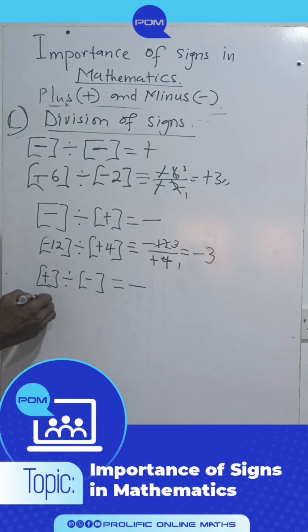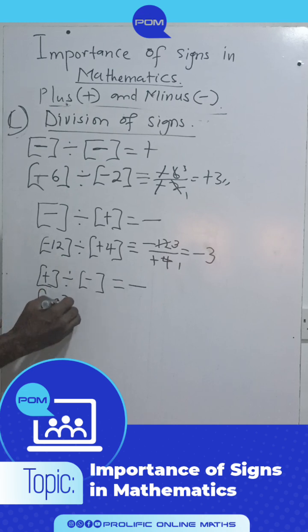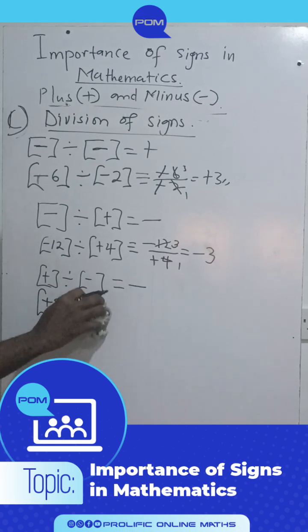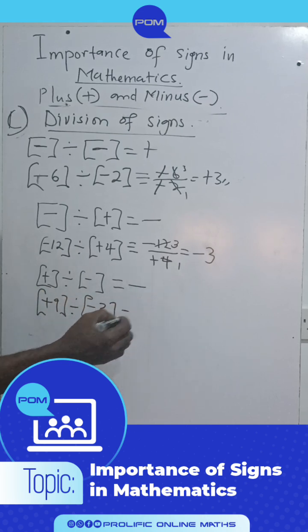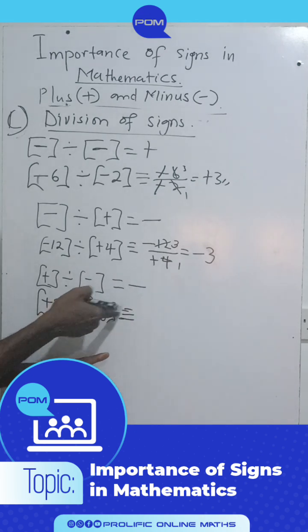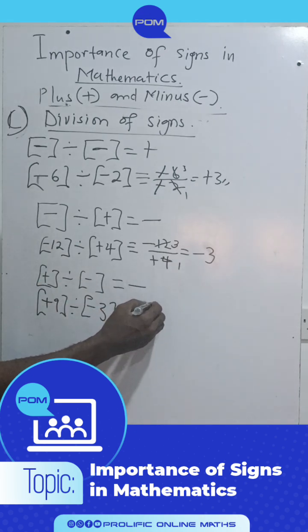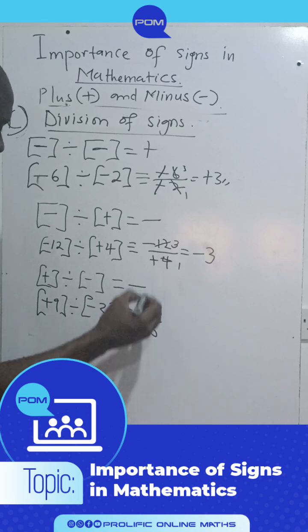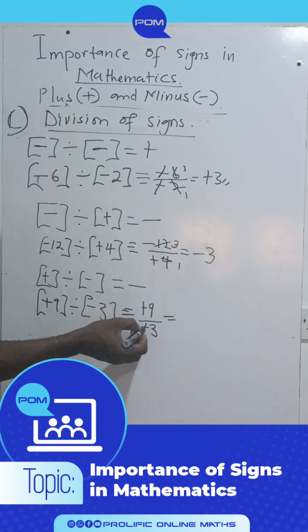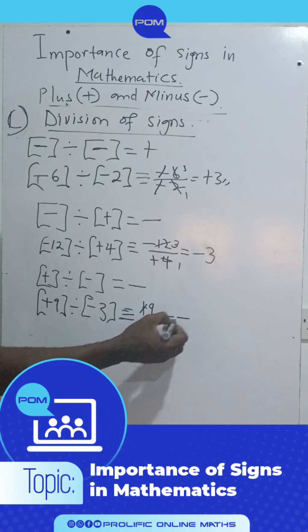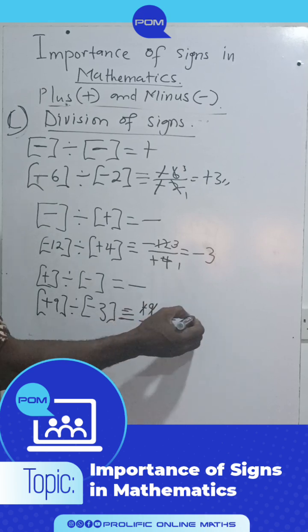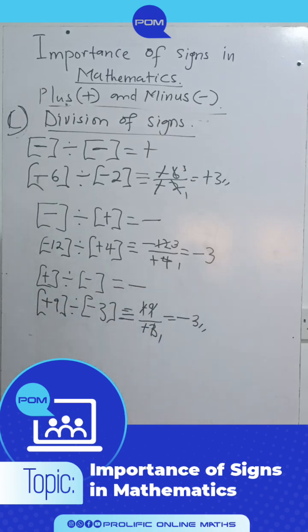So by implication or application, if you are having positive 9 divided by negative 3, you can rewrite this as plus 9 all over negative 3, which will equal, this cancels this to give you negative, and 3 here 1, 3 here 3, so it will give you negative 3.